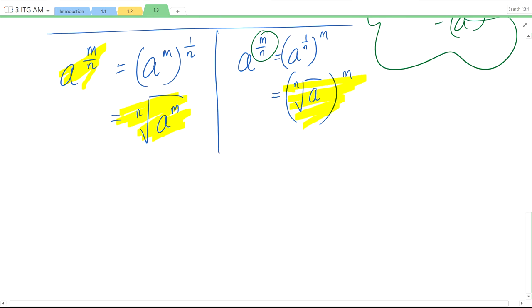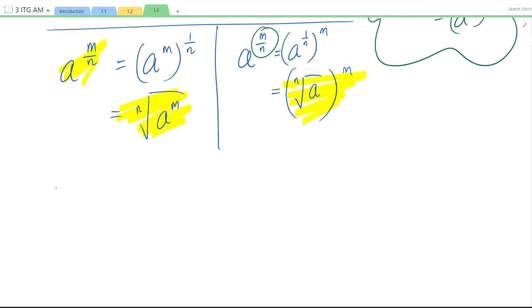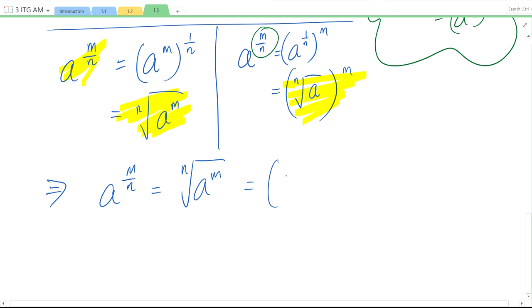So in summary, this is what we have. a to the power m over n is actually equal to the nth root of a to the power m, which is the same as the nth root of a, to the power m. You can choose to substitute values inside and convince yourself that it works.